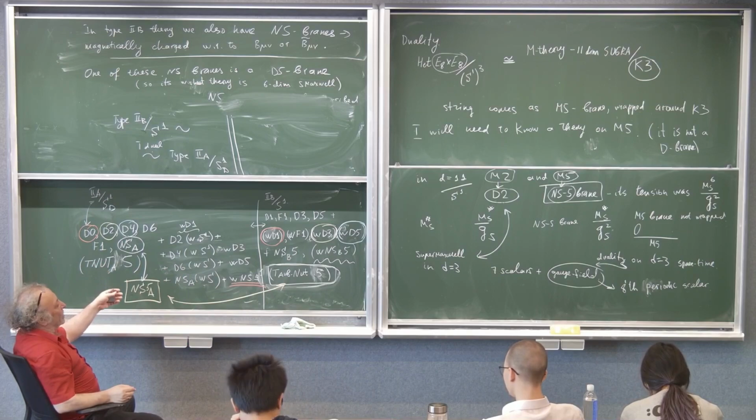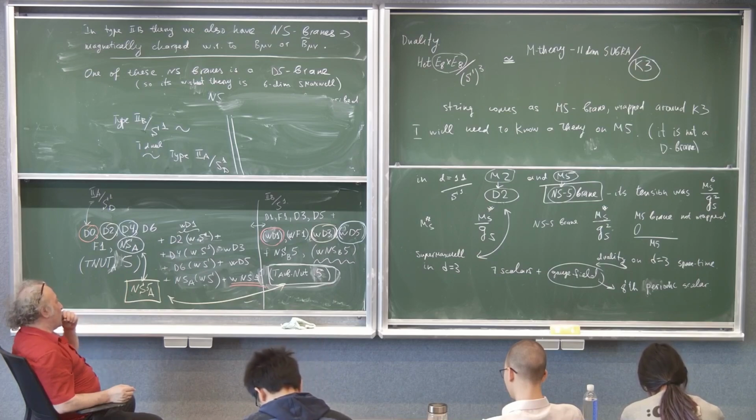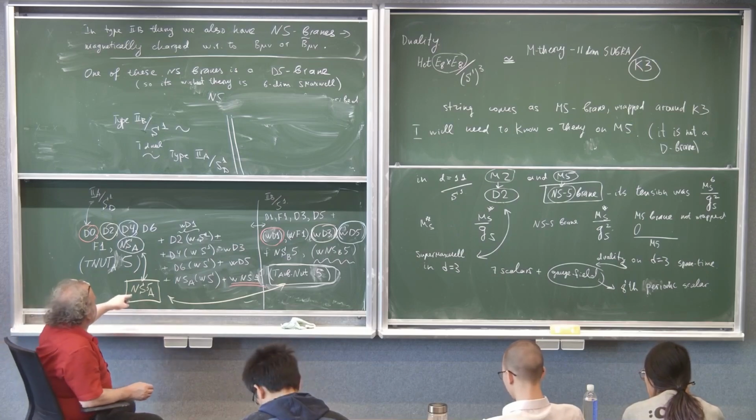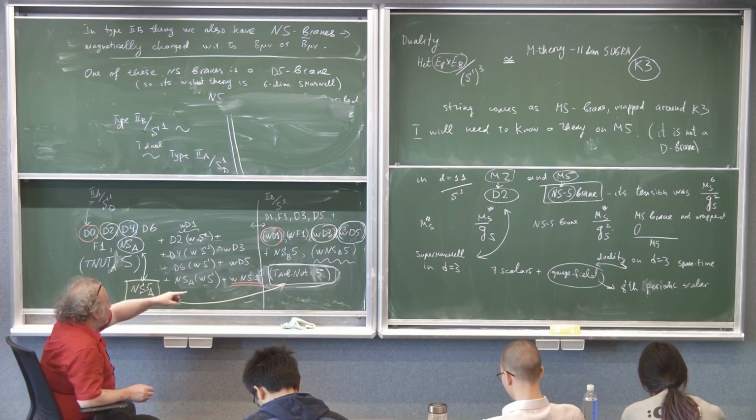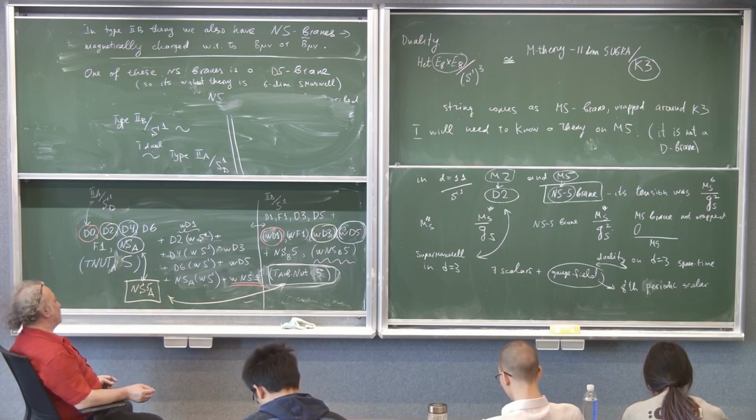If we are more careful, we can also confirm it by computation of tension. So Taub-NUT in type 2B goes to NS5A. Great.